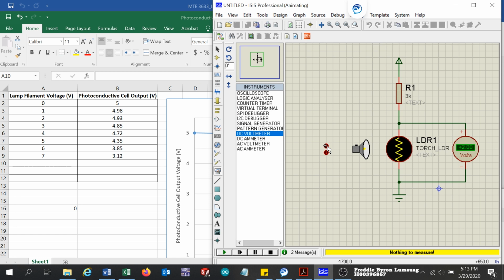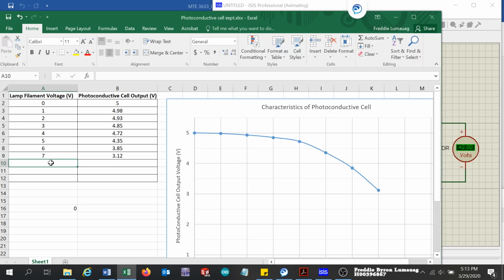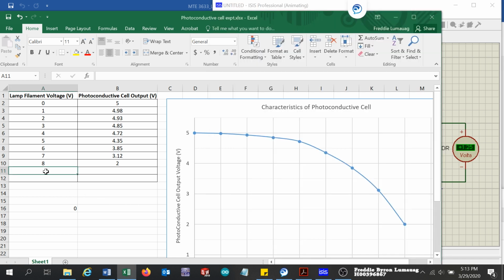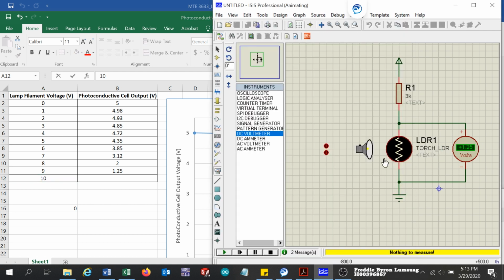And then 8 is 2. And then 9 is 1.25. And then 10 is 0.71.